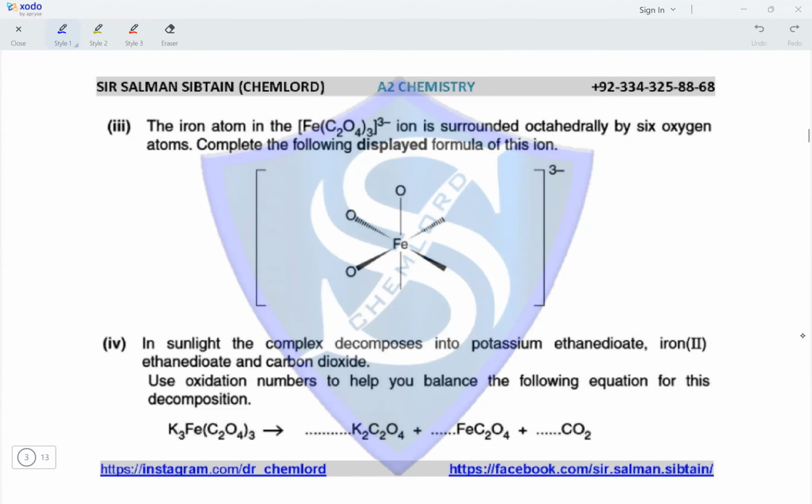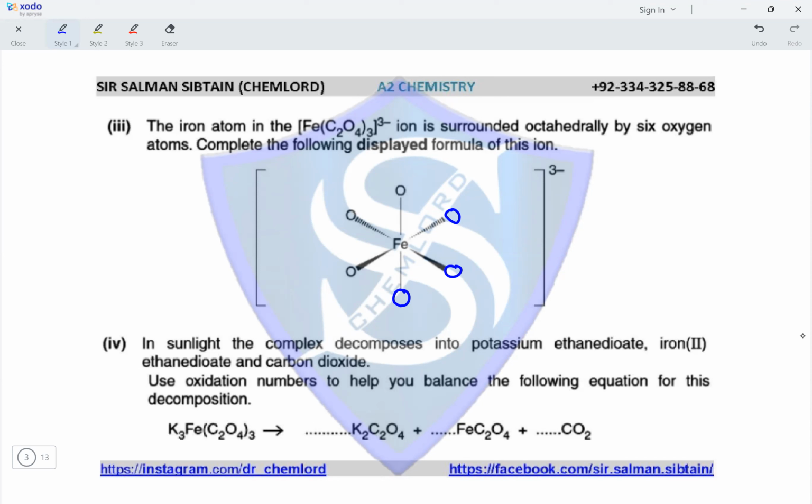The iron atom in Fe(C2O4)3 3 negative ion is surrounded octahedrally by 6 oxygen atoms. Complete the following display formula of this ion. So we have 3 oxygens already present. So 4, 5, and 6. So this completes the presence of 6 oxygen atoms.